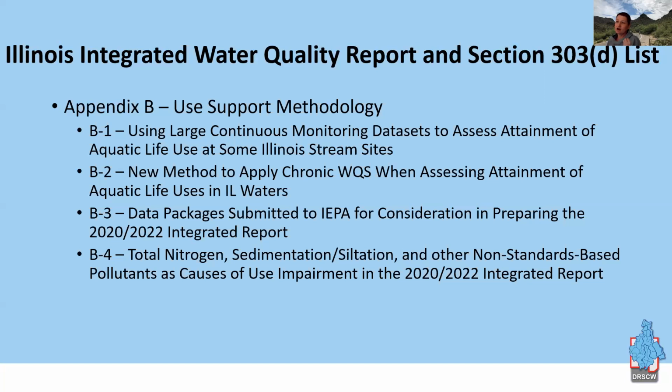They're going to be focusing these causes of impairment on water quality where there is a water quality standard. So this time around, they did do some removals of some of these pollutants, and I'll talk about that as we work through. But that was a big change. That's something that I think was a good step for the use support methodology, and was something that we've actually commented on several times in past comment letters on the old reports when those have been submitted.